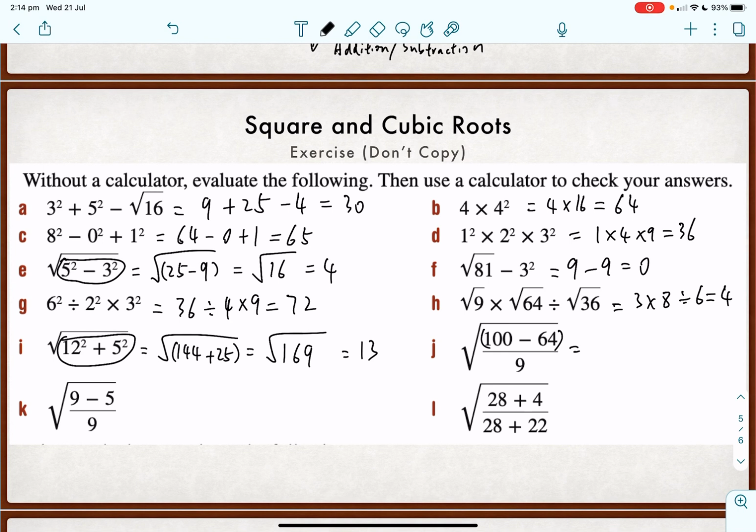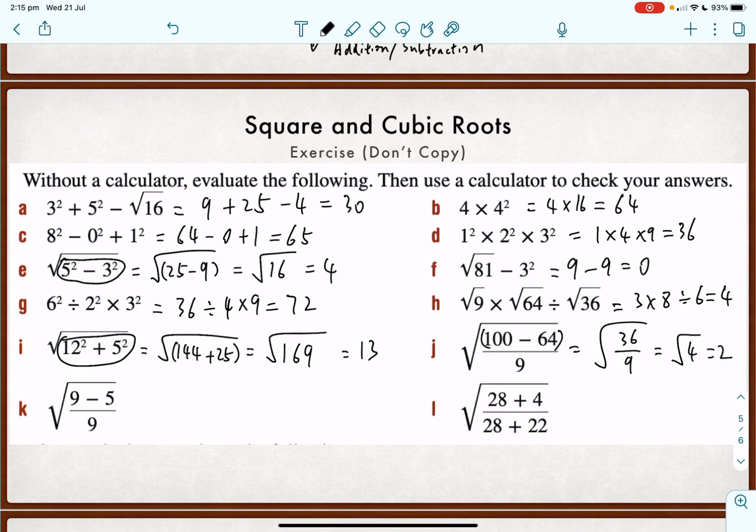So let's do that first. So 100 minus 64 is 36. So square root of 36 over 9. Okay, well, we can simplify 36 over 9. What's 36 over 9? Is 4, yeah? So square root of 4, so the answer is 2.